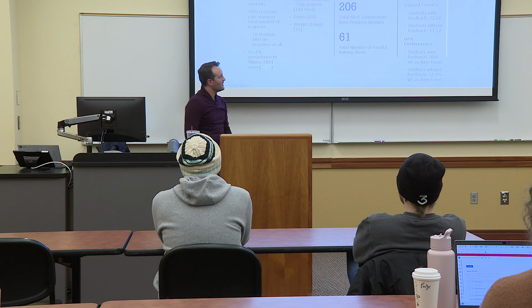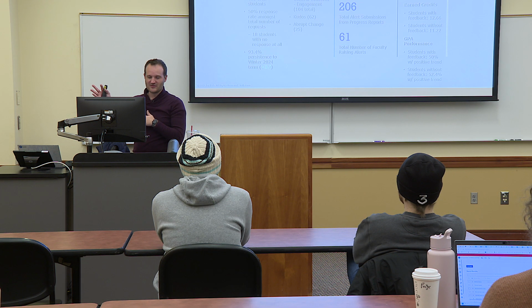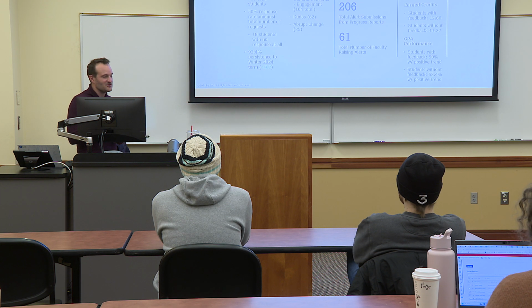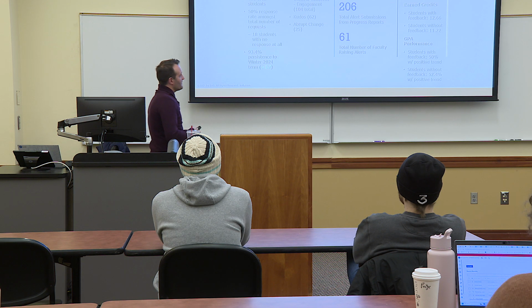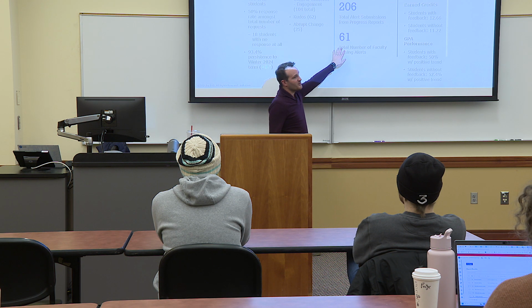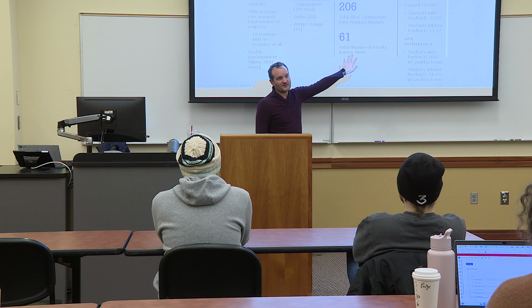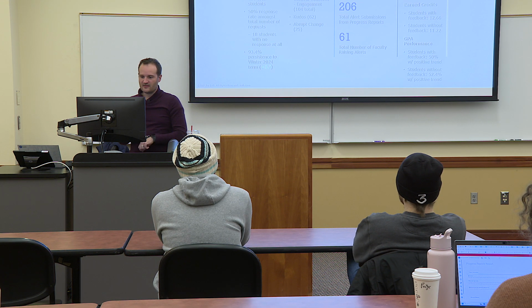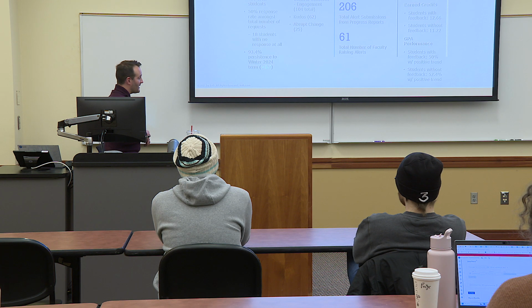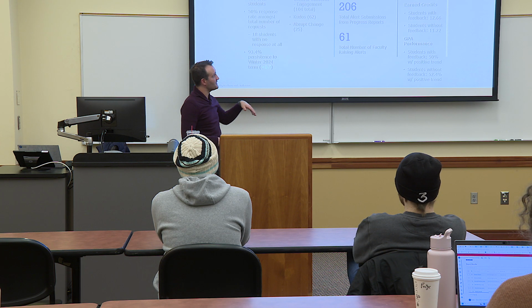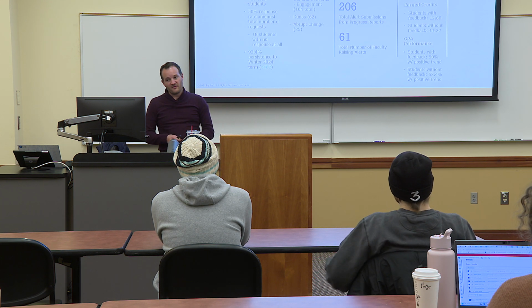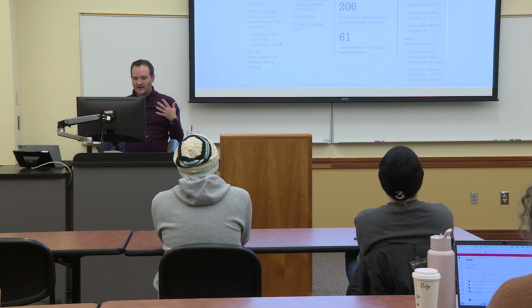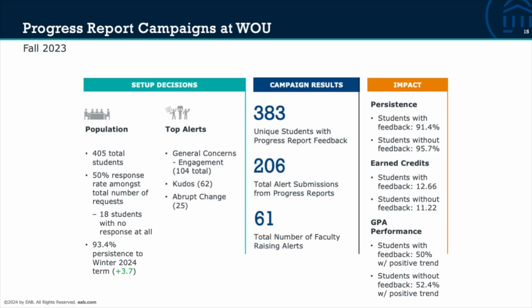Of that, right, so again, you take 405 minus 18, that gets you your 383. But this is actually a really helpful number too, as you think about kind of the total number of faculty submitting alerts. And again, providing feedback that is connected to an alert reason. And then on the far column, which is the impact, I typically always like to look at both persistence, right, if that is our overall goal, but then also looking at some of the academic pieces, right?